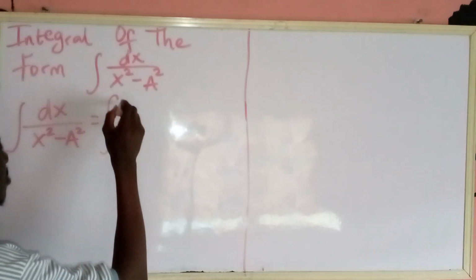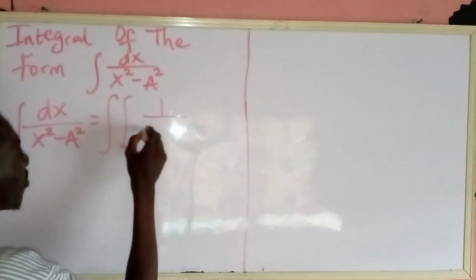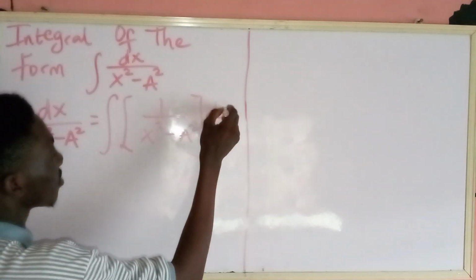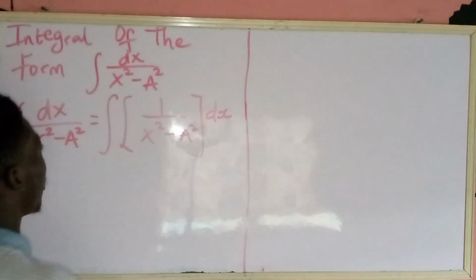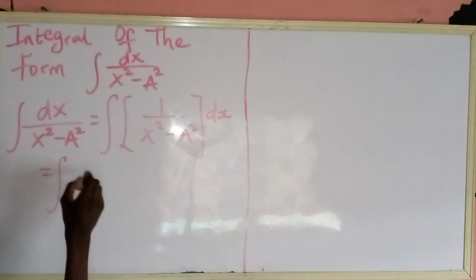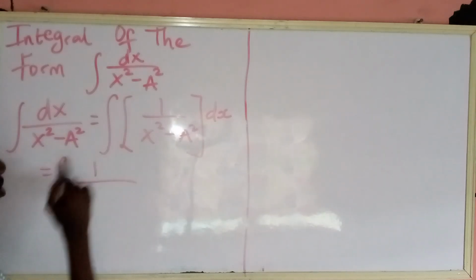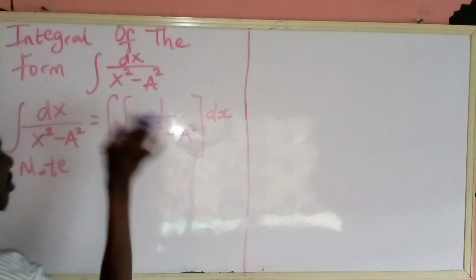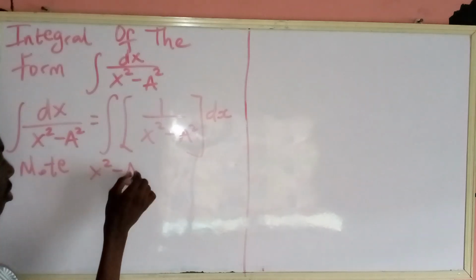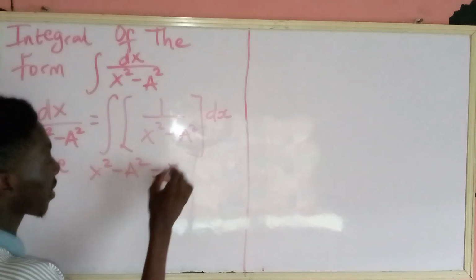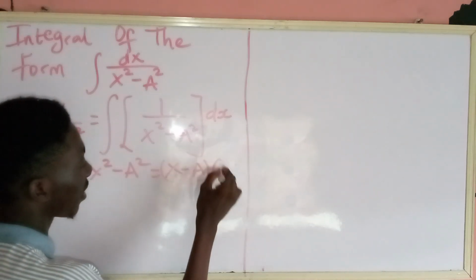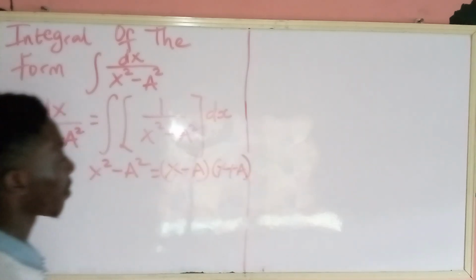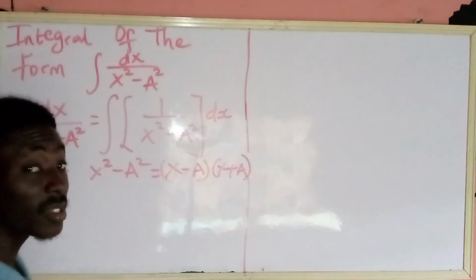That becomes the integral of 1 over x squared minus a squared dx. And in that case, I can write this as x minus a multiplied by x plus a. They are both the same thing.